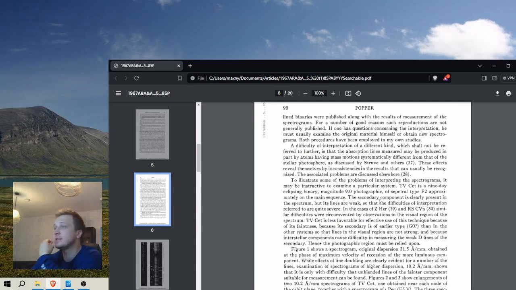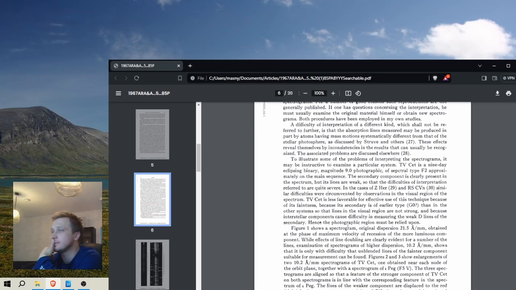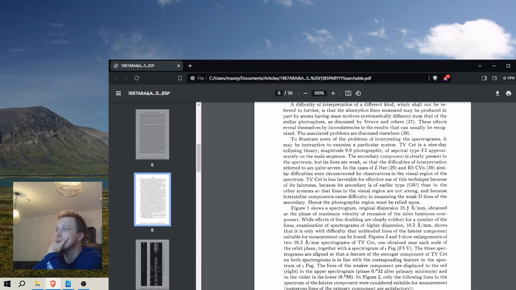The second component is clearly present, but its lines are weak, so that the difficulties of interpretation referred to are quite severe. It shows there is only difficulty.